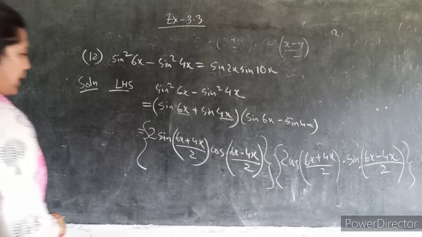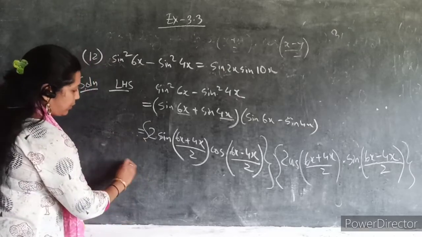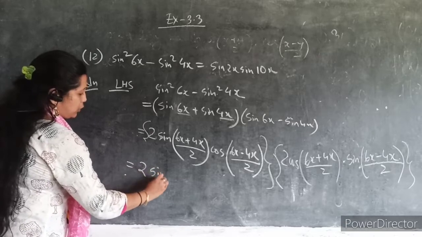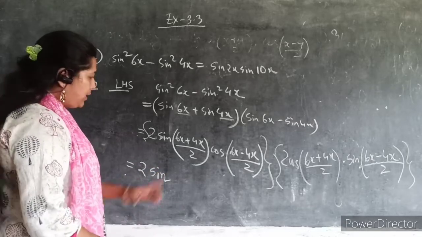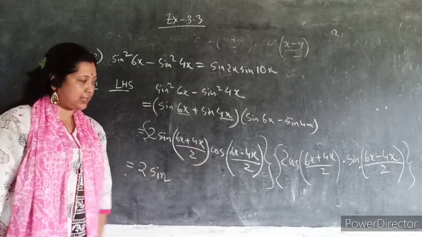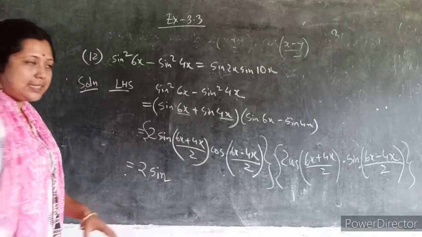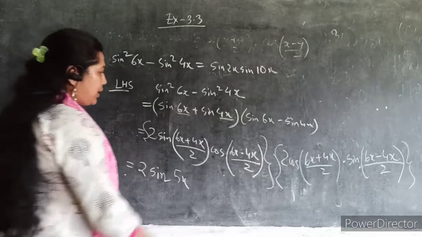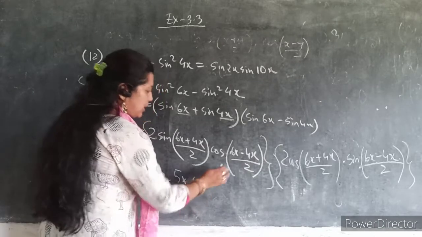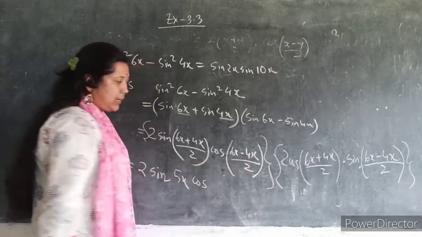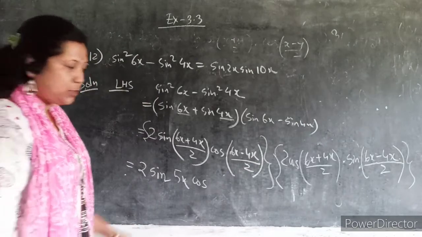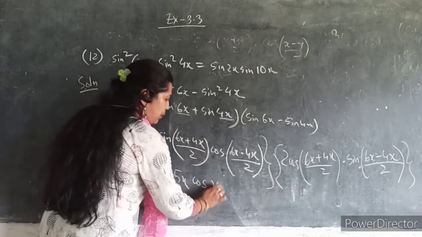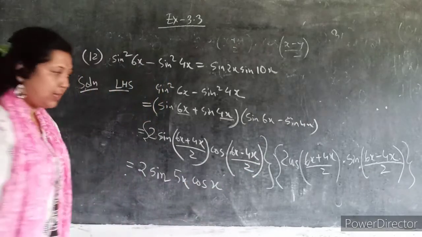Okay, so now, 2 sin of 6x plus 4x, that is 10x. 10x divided by 2 will be what? 5x. Clear? Next is cos of 6x minus 4x, which is 2x. 2x divided by 2 will be simply x.